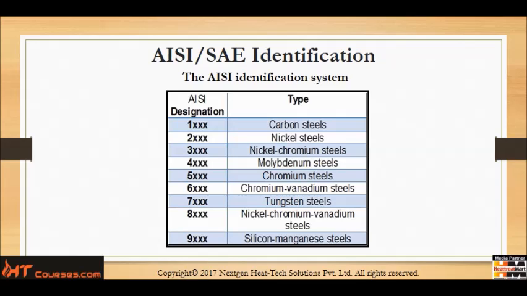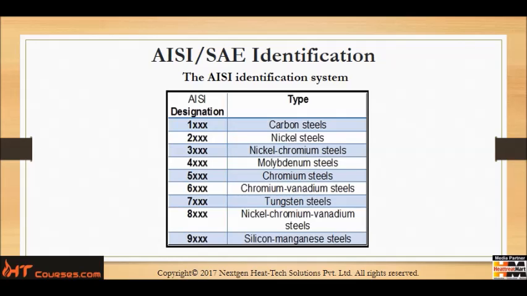Nothing has been done to modify it, and if it was 2030, what it would mean is 2 being nickel steel, 0 nothing to modify it, and 30 meaning 0.3% carbon, and so on. It is an extremely simple system.